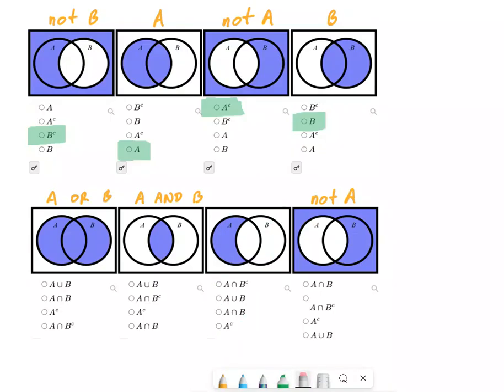And I like to look for either circles that are completely filled in or circles that are completely missing. So the first thing I notice is that B is not there at all. That's useful info. So I think there's going to be a not B involved here. And I think the circle A is important.